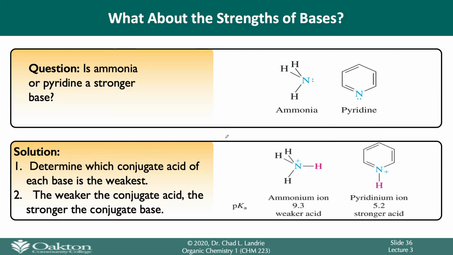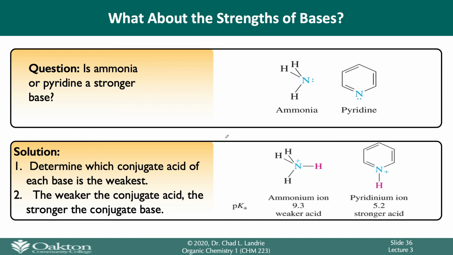We also need to be able to compare the strengths of organic bases. So a classic question in the future might be, who is a stronger base, ammonia or pyridine? And we could come up with a whole list of structural features that help us compare bases, but I've got a simpler solution.